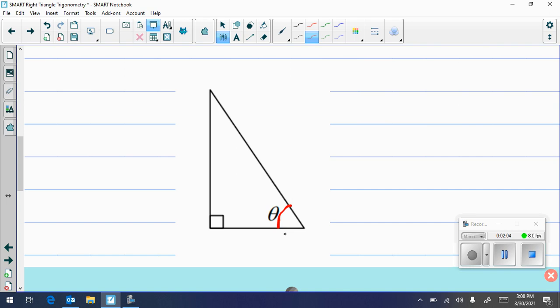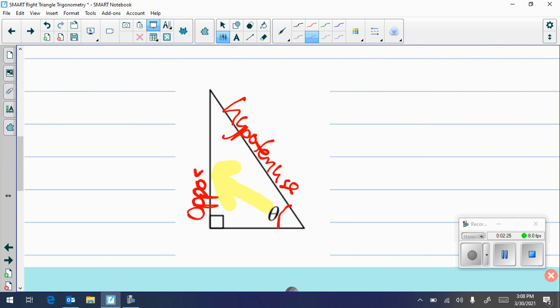Now, across from the right angle is still your hypotenuse. And then we have the word adjacent and the word opposite. So opposite is literally opposite. You're going to go across for the opposite. And then adjacent, you are touching.